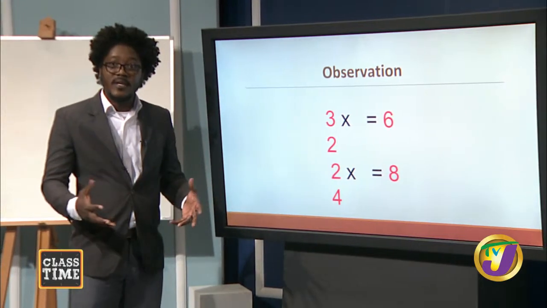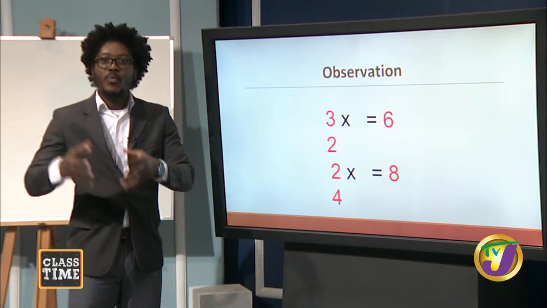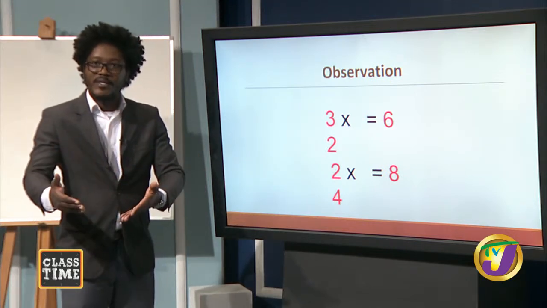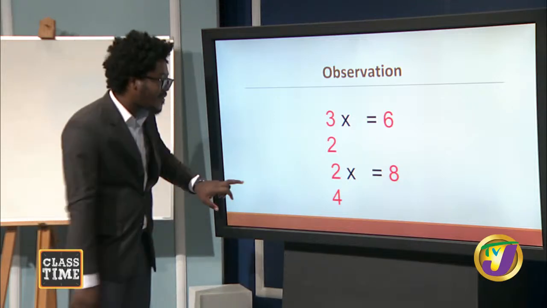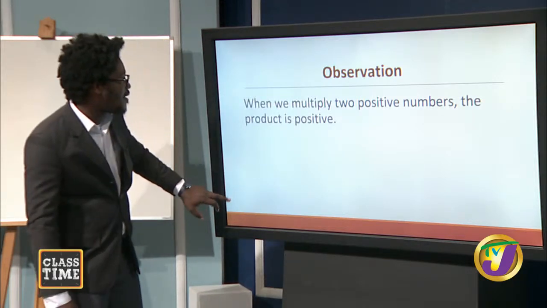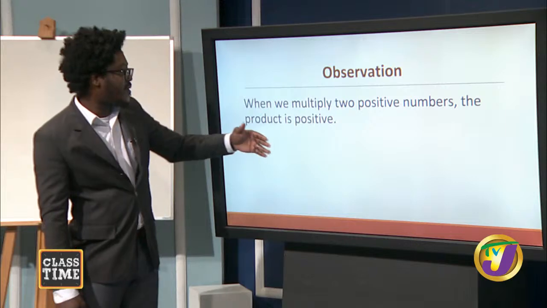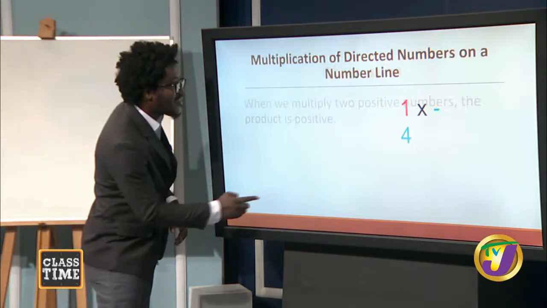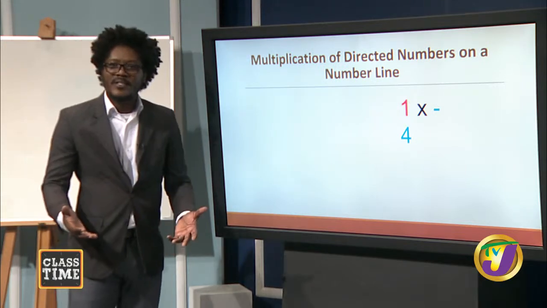Here, we can say that when we multiply 2 positive numbers, the result also will be positive. Nice. Good job, guys. When we multiply 2 positive numbers, the product is positive. Good job. All right. So let's move on to another set of examples.